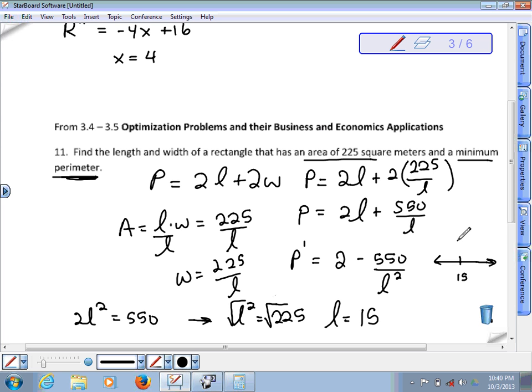So if we plug in a 14 over here for L, 14 squared is 196. Now 550 divided by 196 is a little bit more than 2. If you take that from 2, you end up with a negative value. Now 16 squared, let's see, 16 times 16.